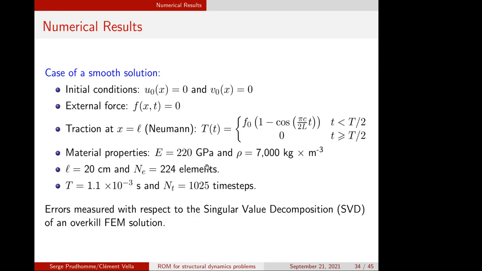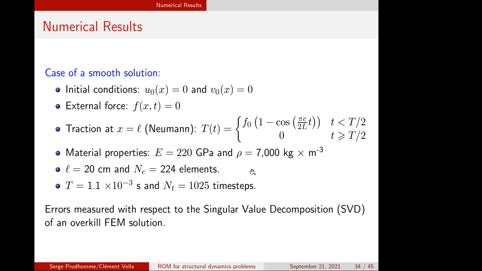Now I'm going to avoid all those oscillations. I'm going to consider simply the case of a smooth solution. In that case, initial conditions were taken as 0, same for the external force. And we would consider a traction at the end of the bar, given as a cosine function with respect to time.